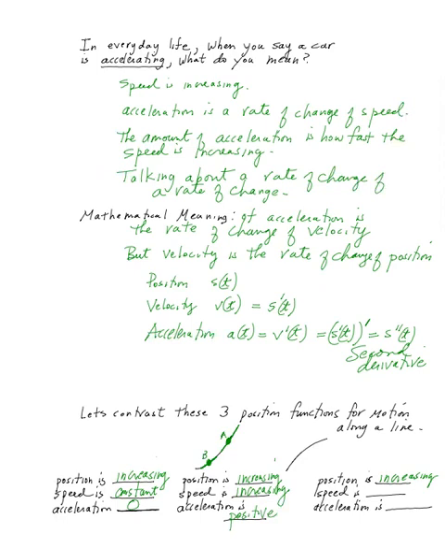In this third case, the speed is decreasing. Notice the slope of the tangent line at A is greater than the slope of the tangent line at B. The slope of the tangent line at B is less than the slope of the tangent line at A. So if you go from left to right, the velocity is decreasing.